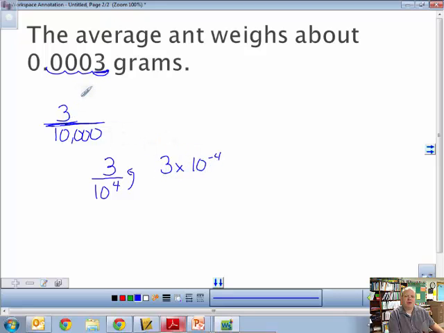Because if I write this as a fraction, it's 3 over 10,000, which is the same as 3 divided by 10 to the 4th. When I bring my 10 to the 4th back up, it becomes a negative. And the opposite of dividing is multiplying. So I'm just changing everything here. And I end up with 3 times 10 to the negative 4th.